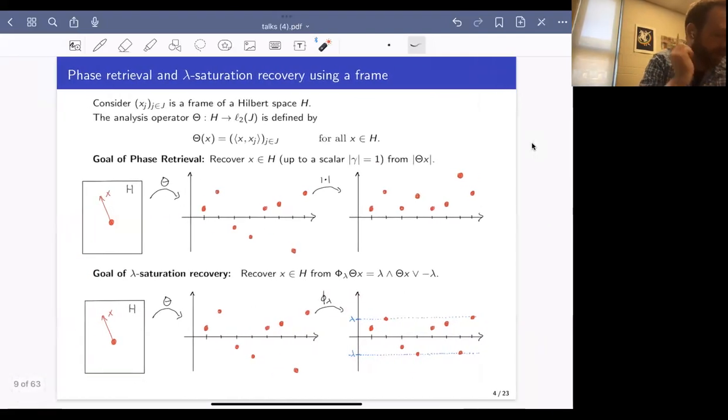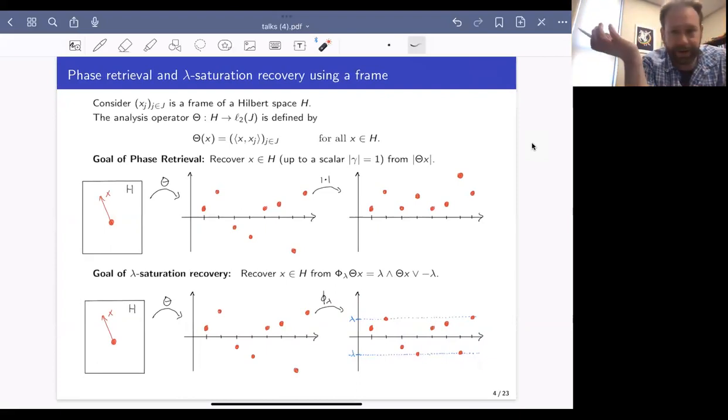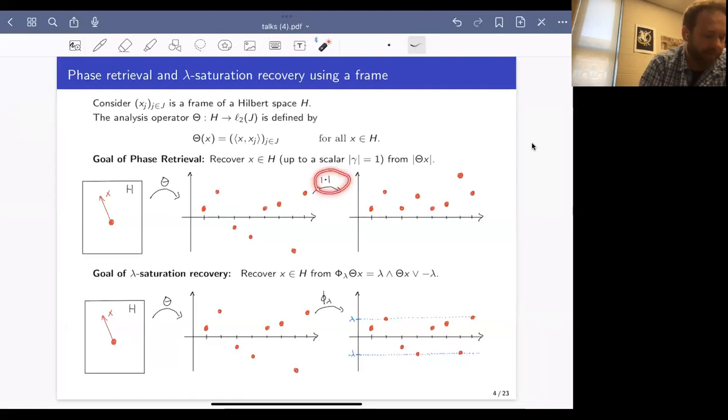So one of the goals of my talk is to discuss some of the cool work that people have done considering phase retrieval from a frame theory point of view, and discuss, well, what happens if I ask those same questions about phase retrieval and change, instead of this absolute value function, change it to the saturation function? What do those questions about phase retrieval look like, and what happens in that situation?